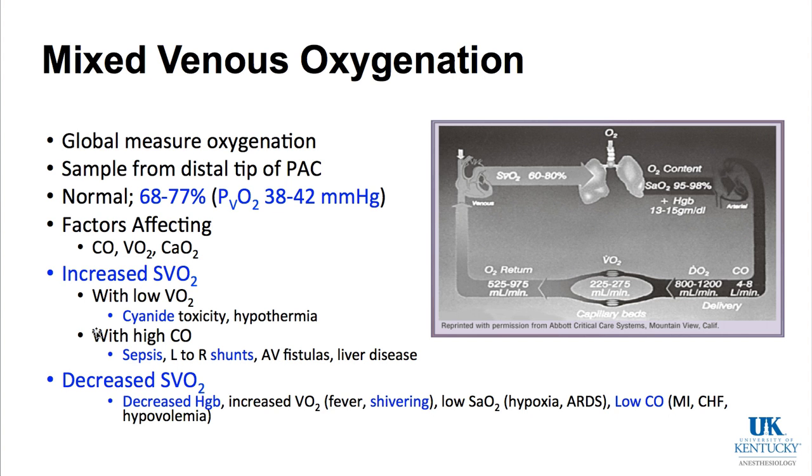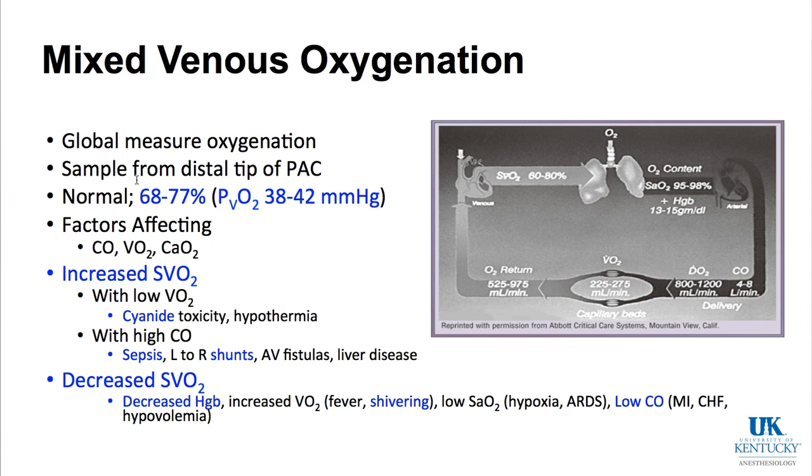Mixed venous oxygenation is a global measure of oxygenation. It is taken from the distal tip of the pulmonary artery catheter. You can take a single sample and send it off for a blood gas, or more commonly you can use continuous measurements of mixed venous oxygenation.